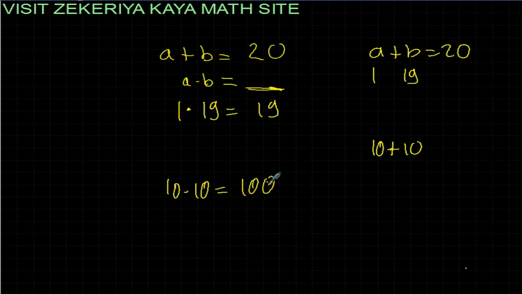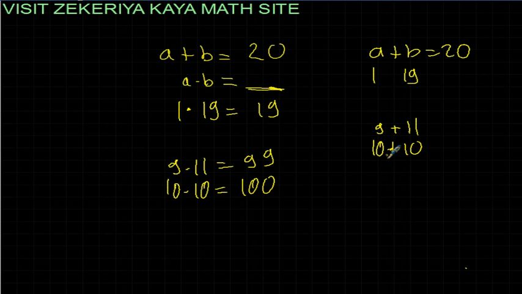For example, I can make 9 plus 11, which is 20, but 9 times 11 gives me 99. So the idea you need to know: the highest difference gives the smallest product, the lowest difference gives the biggest product.